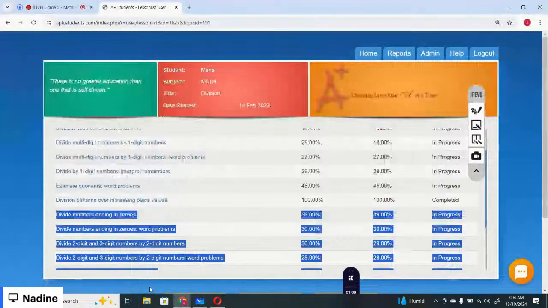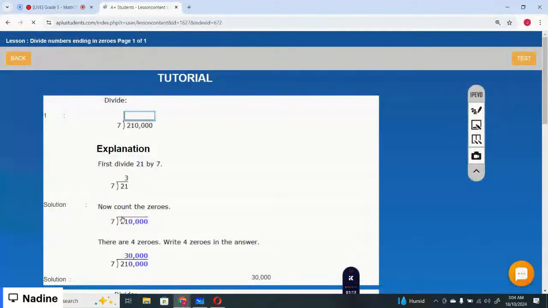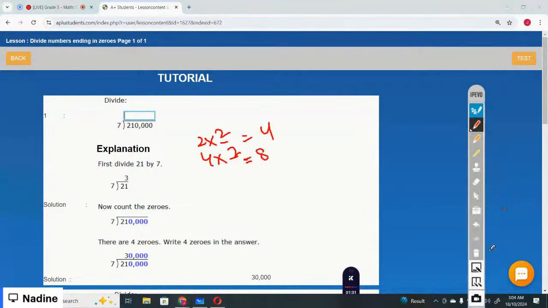And so here I am on the chapter division. Let's just start with the lesson, that is divide numbers ending in zeros. So the first example is 210,000 divided by 7. When you have numbers that are ending with zeros, how do we divide? We simply divide the non-zero values.